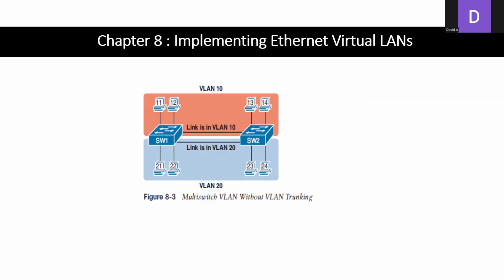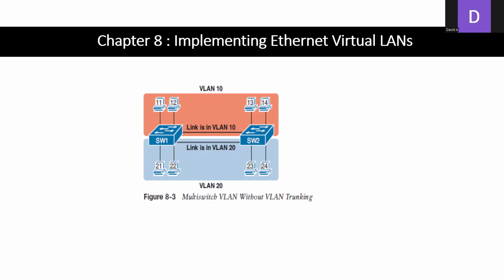All right, we're looking at 8-3. This is an example of what we're talking about. We have a switch with multiple VLANs. Both of them have multiple VLANs, but they're not trunking.